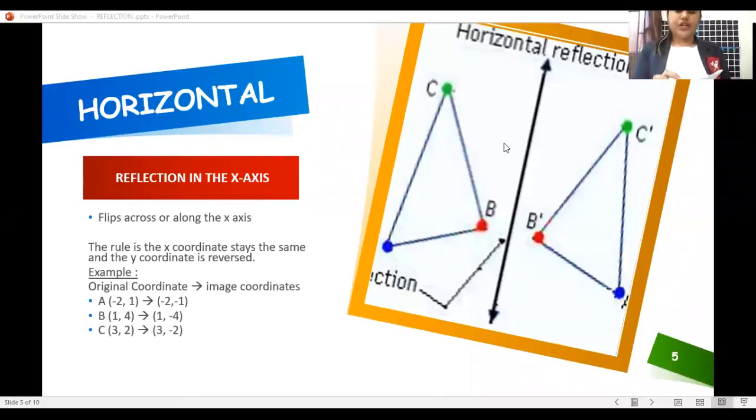All right, so I fold my paper horizontally. I went on my x-axis and fold it horizontally. Then I look for a coordinate. So I choose the coordinate -2, 1. I'm sure you remember how to plot your points.